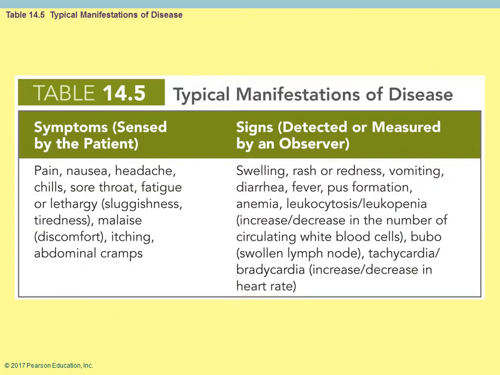Now, this table shows the differences between examples of symptoms and signs. One thing I want to point out is look at some of those symptoms: pain, nausea, headache, chills, fatigue, sore throat. How many different diseases can you think of off the top of your head that have those symptoms?